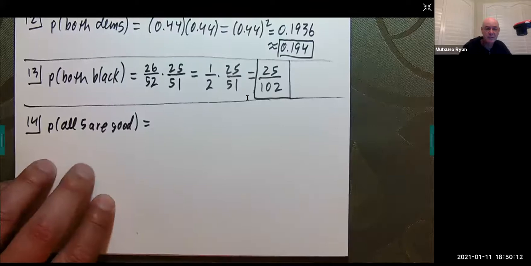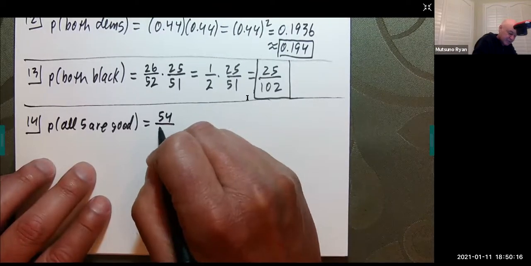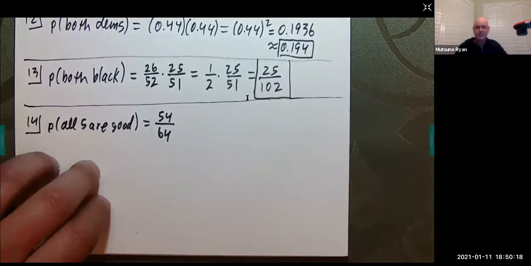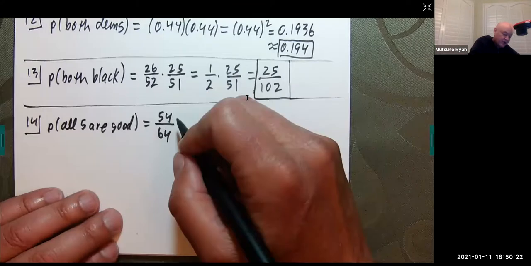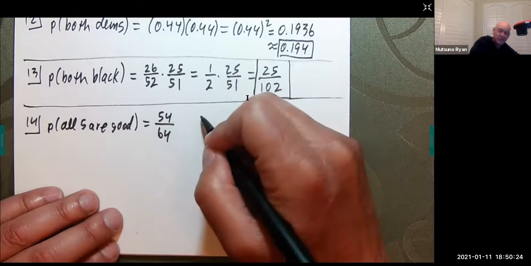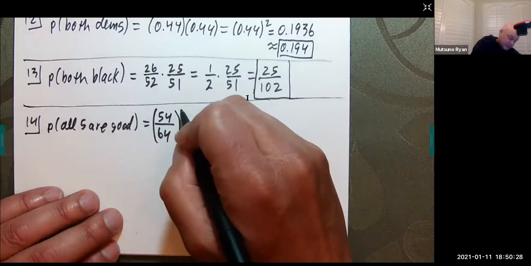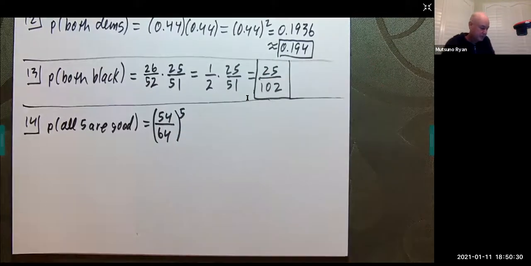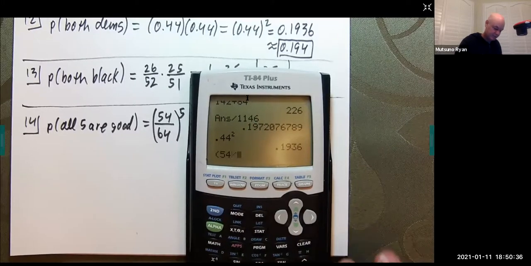Well, how many good ones are there? Of the 64, there are 54 of the 64. And I could write 54 over 64 five times, or I can just raise the whole thing to the 5th power. Let me show you how to do that. So I'm going to use parentheses, 54 divided by 64, close, and here's my exponent button.